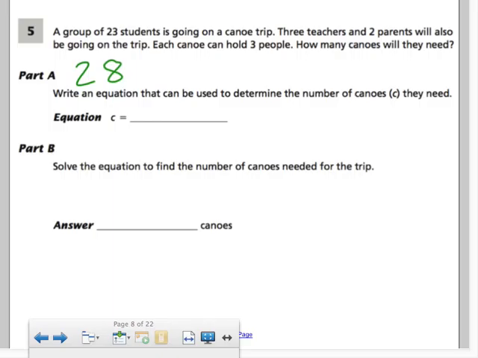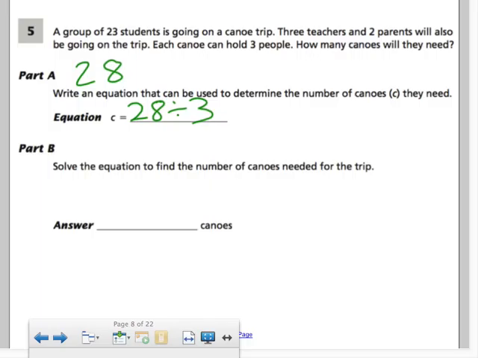Jacoby? 28 divided by 7. Do you see a 7 in the word problem, buddy? Then why would you say 7? Take a closer look. How many people can the canoe fit? 3. There might be a canoe that can fit 7 people, but not these. Isaiah? 3. 3 is correct. 28 divided by 3 will tell us how many canoes we need.